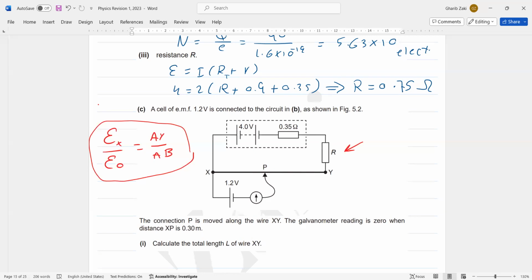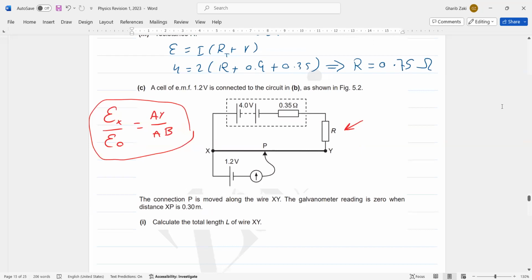We find the voltage across XY. How? First of all, we find V across this resistor R, which equals I multiply R. I is 2, multiply R here.